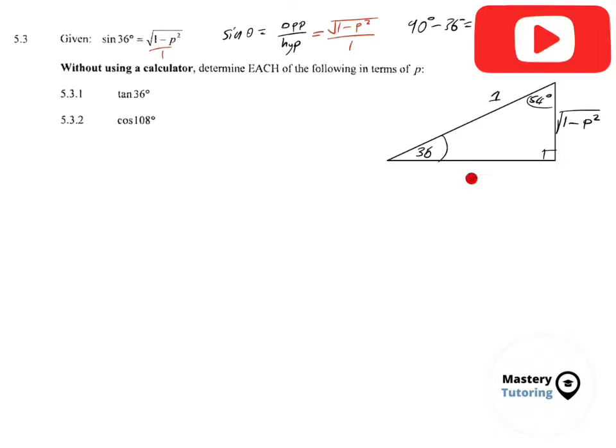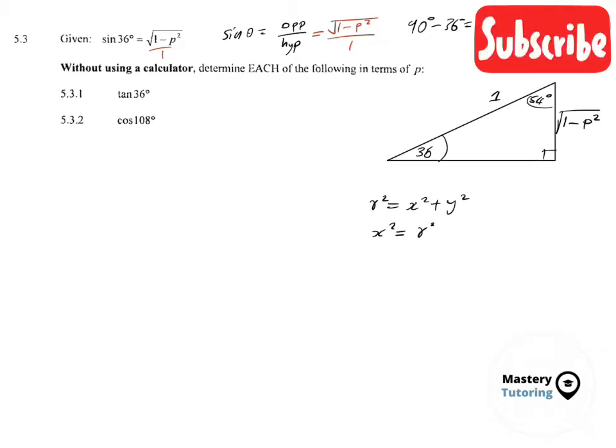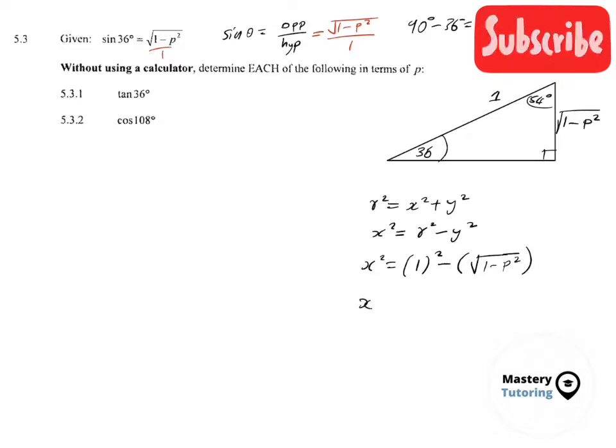Now I need to find this side. Remember the Pythagoras theorem: r squared is equal to x squared plus y squared. I'm looking for x squared, so it's going to be r squared minus y squared. R squared being your hypotenuse, it's 1 squared minus the square root of 1 minus p squared, squared.